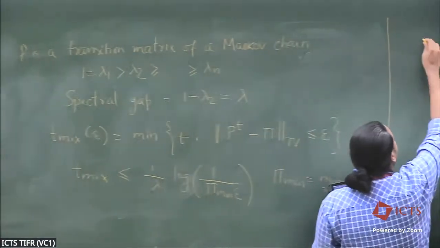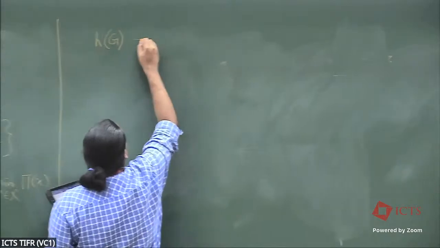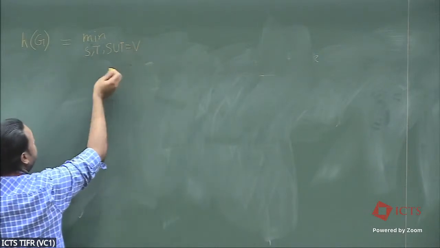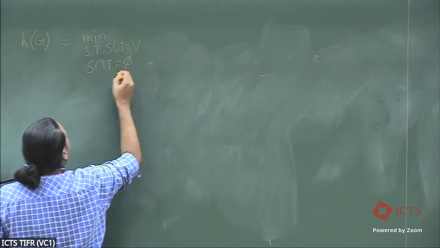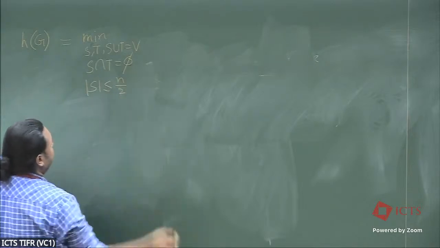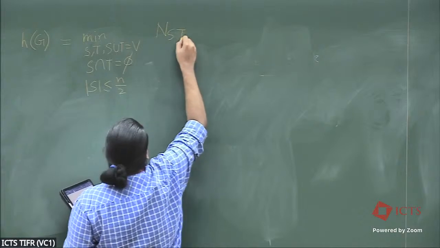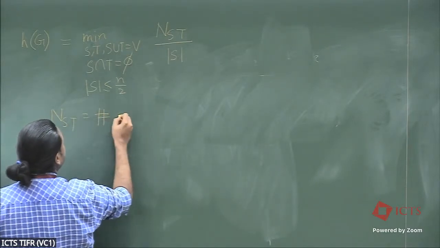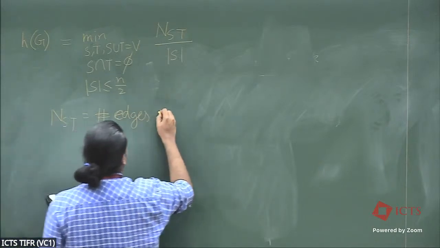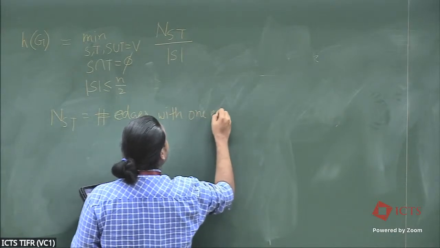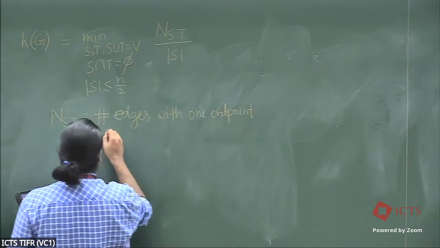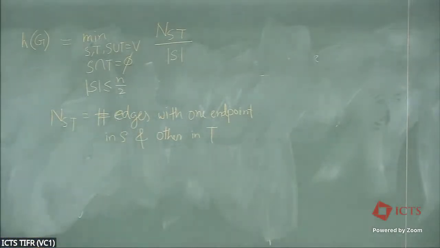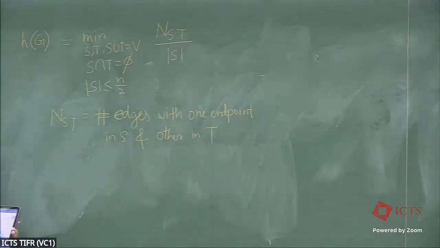Consider a graph G. The Cheeger constant of G is defined as the minimum over S, T such that S union T is the whole vertex set V, S and T are disjoint, and mod of S is less than or equal to N by 2, of N_ST divided by mod of S, where N_ST is the number of edges with one endpoint in S and the other in T. So we have to obtain a lower bound for this.